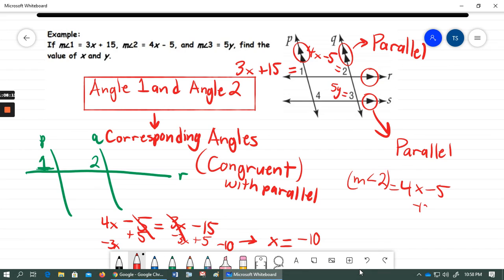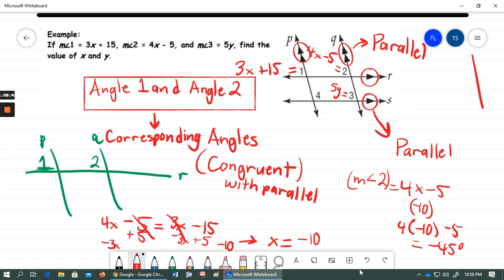If you plug in what we just got, x equals negative 10, you get 4 times negative 10, minus 5, which is negative 45. Apparently, whoever made this problem made this negative. So the measure of angle 2 is negative 45.